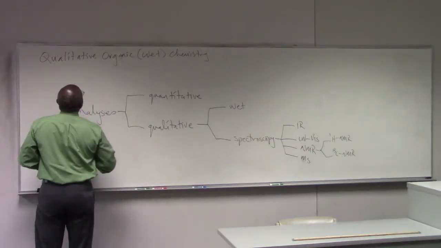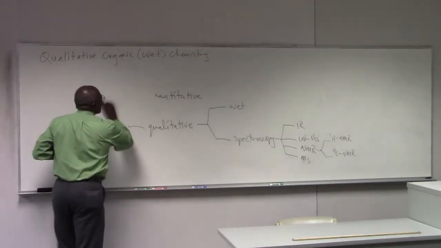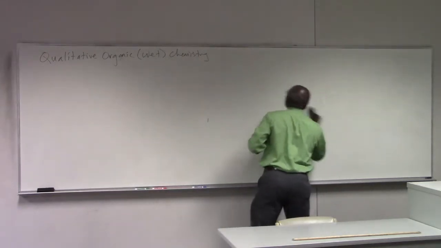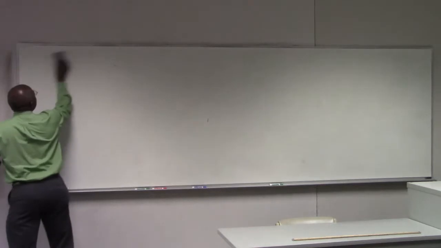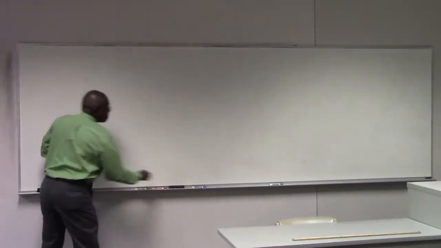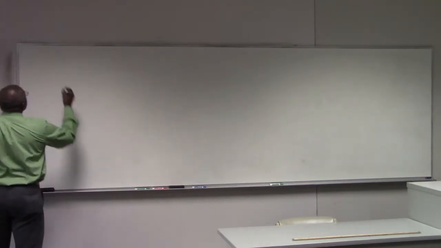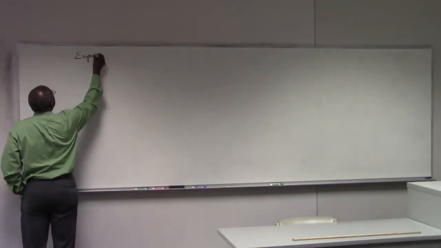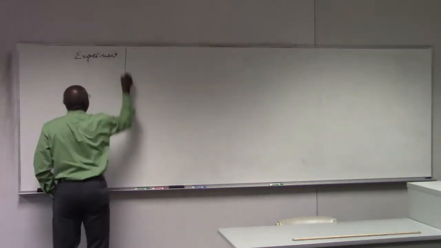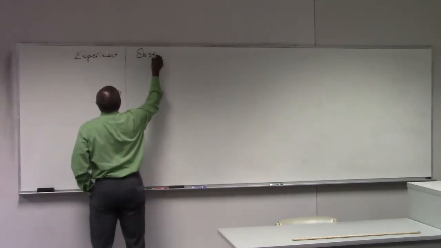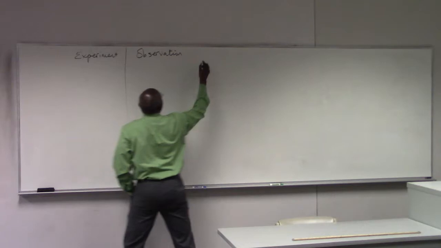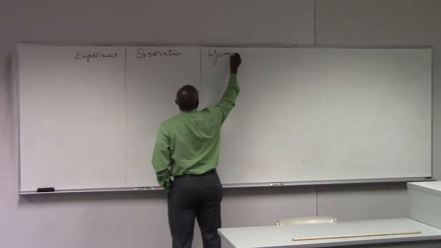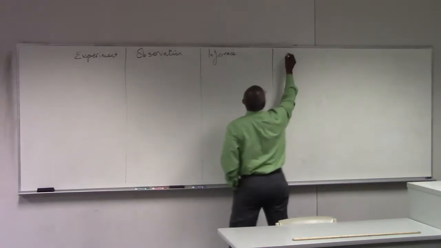So let's get into wet chemistry, and what this will basically look like is something you may have seen in Gen Chem, maybe even in high school chemistry. We will subdivide this into experiment, then an observation, and then inference, and then we'll say the chemistry.